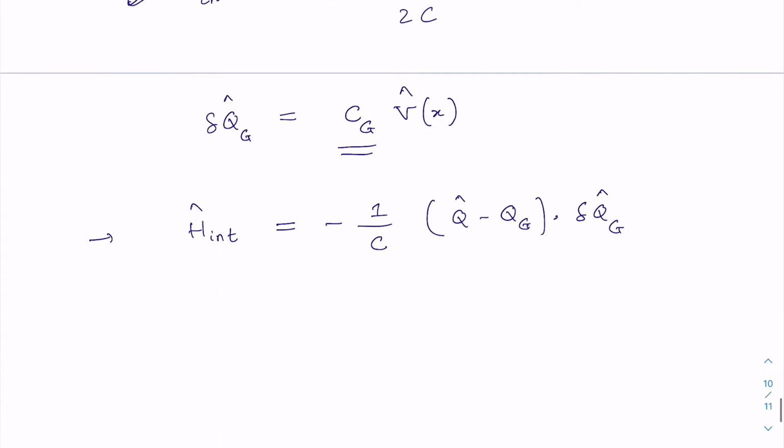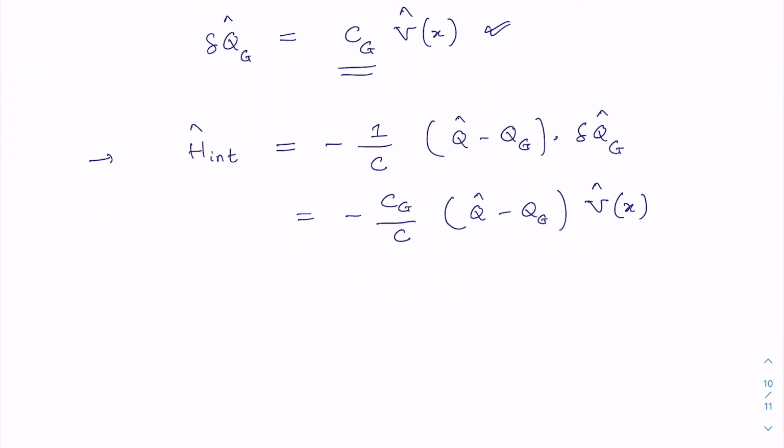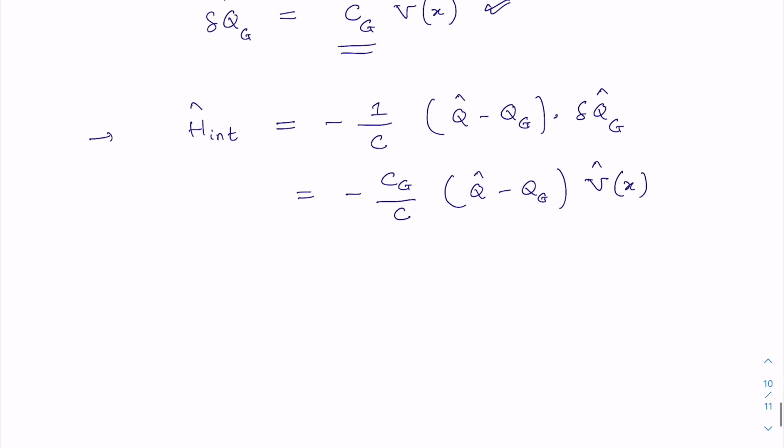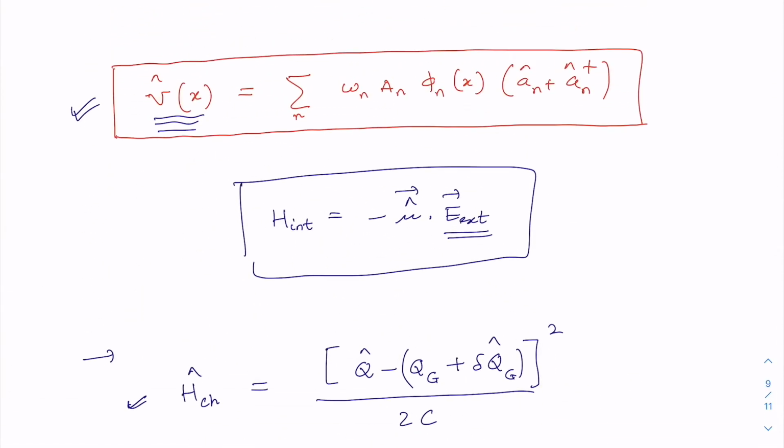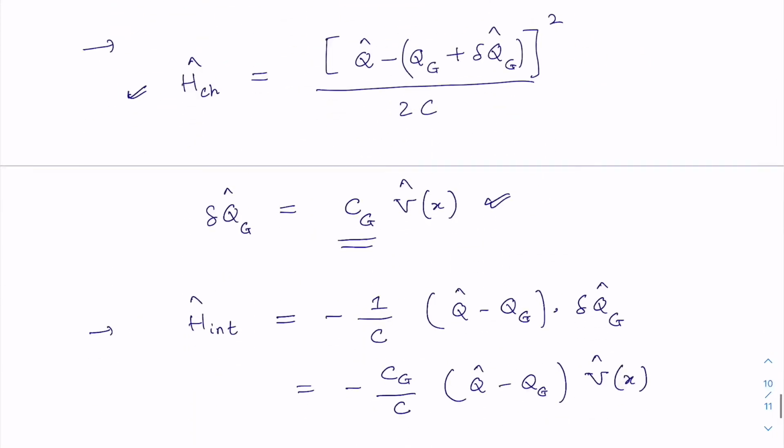Okay, and then I can use this expression, and I will have minus cz by c, q minus qz into the voltage. That's how I can couple my Cooper pair box with the voltage. Now if we focus only on a single field mode, rather than many modes, then we need not deal with the summation, just one mode.